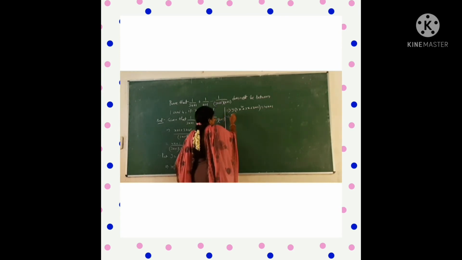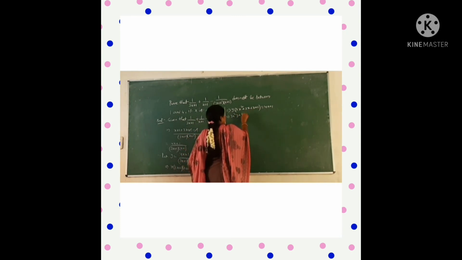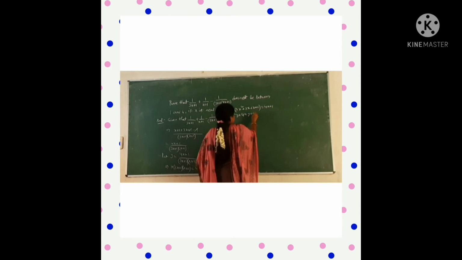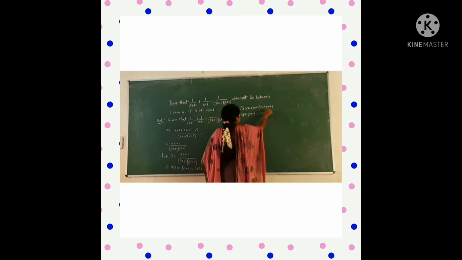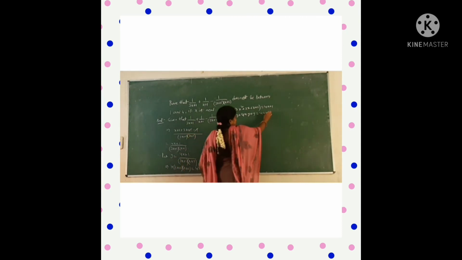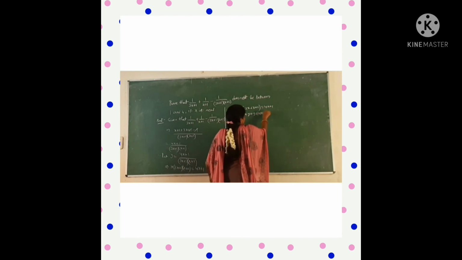Now, y multiplied with both: 3x square y plus 3x plus x, 4x. So 4xy plus 1 into y is equal to 4x plus 1. Okay? And this one, this side change. Minus 4x minus 1 is equal to 0.